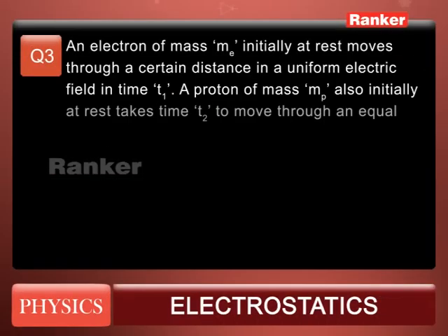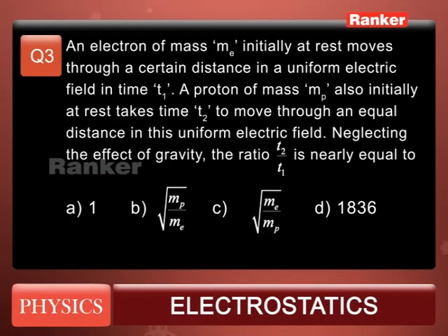Let us switch over to the next problem, that is problem number 3. Let me read it out once again. An electron of mass me, initially at rest, moves through a certain distance in a uniform electric field in time t1.